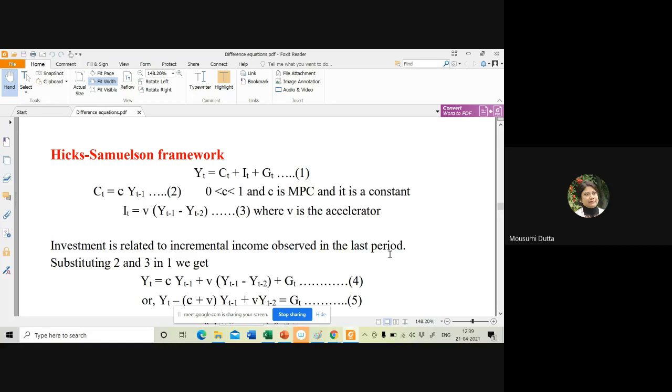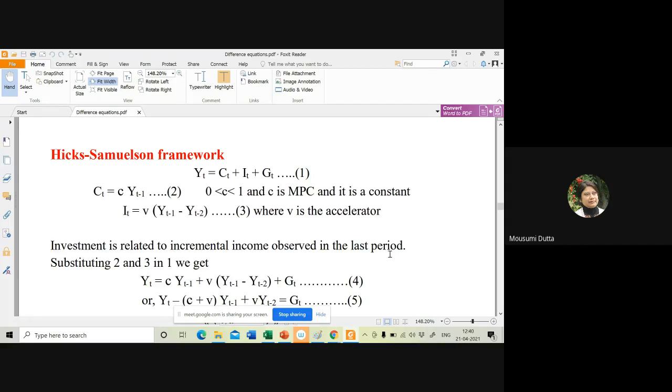How do I calculate surplus income in 2020? That will be the additional output or additional income the economy got in 2020 over and above 2019. So additional productive capacity, additional income, will be fully invested in the next period, 2021.